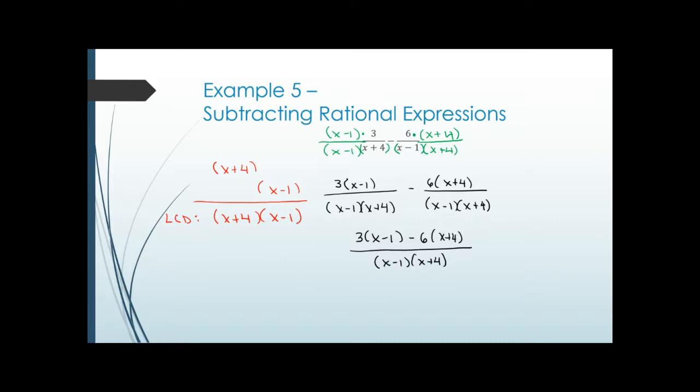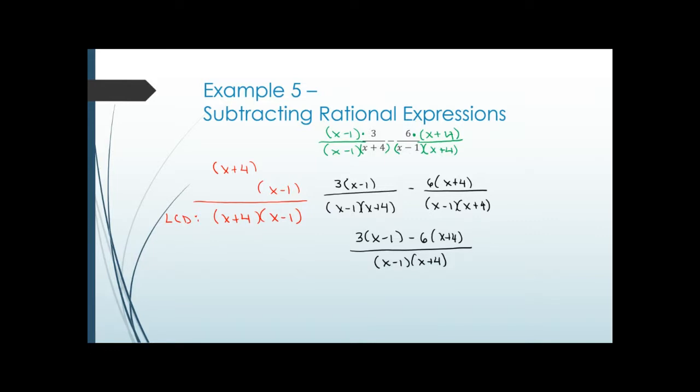Now, in order to simplify, I need to actually multiply everything out on the top, combine like terms, and then factor and simplify if I can from there.